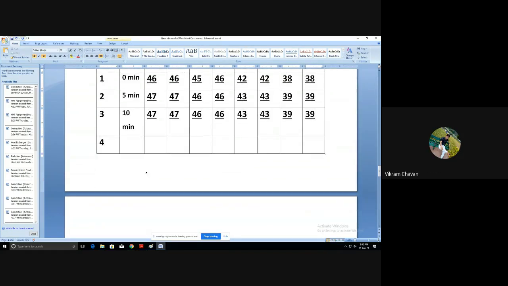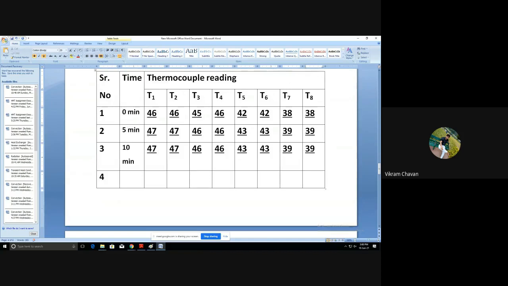Now concentrate here. We are getting a 5-minute reading, and a similar reading we are getting for the 10-minute. So here the temperature is not changed: 47, 47, 47, 47, 46, 46, 46, 46, 43, 43, 43, 43, 39, 39, 39, 39.